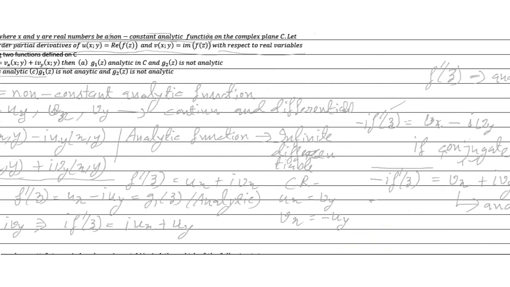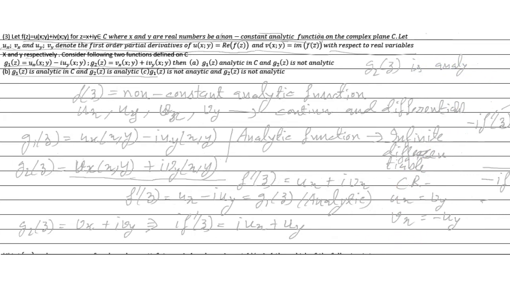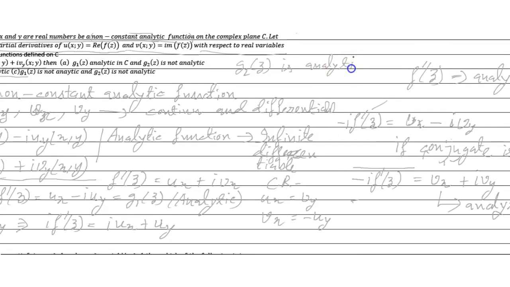It is possible g2(z) is analytic when g2(z) is a polynomial function, but it is not possible.